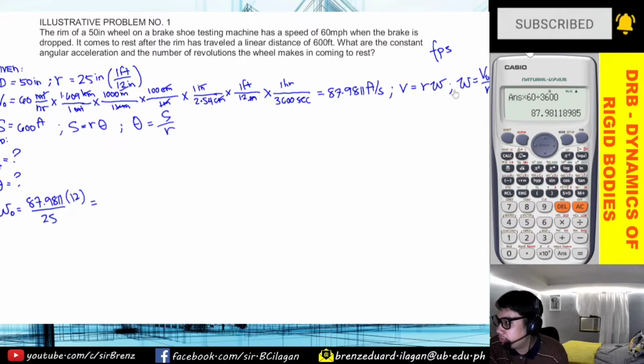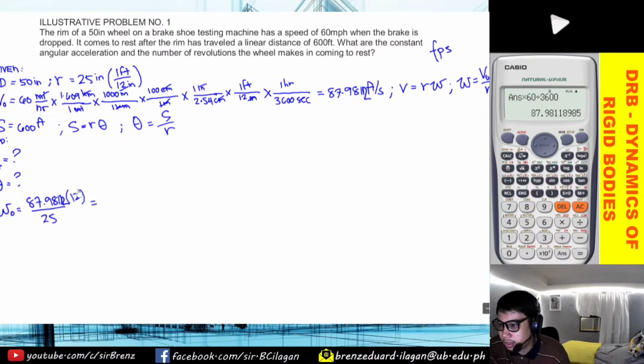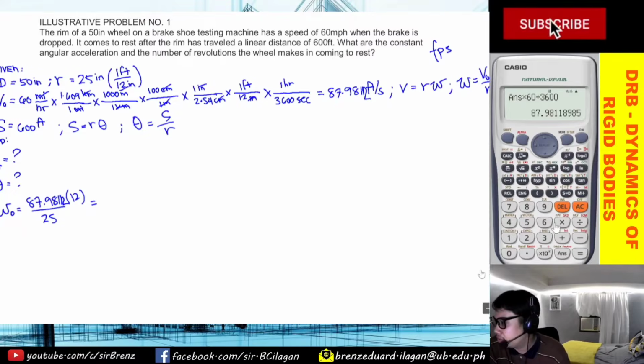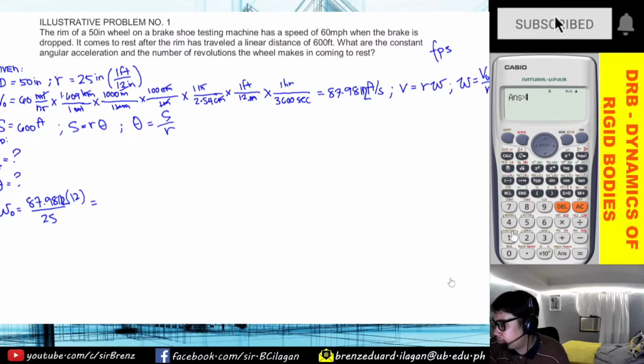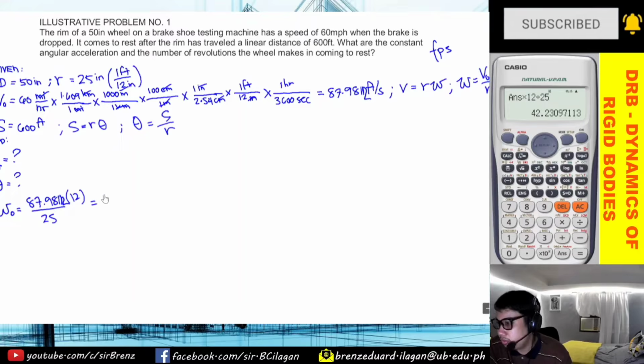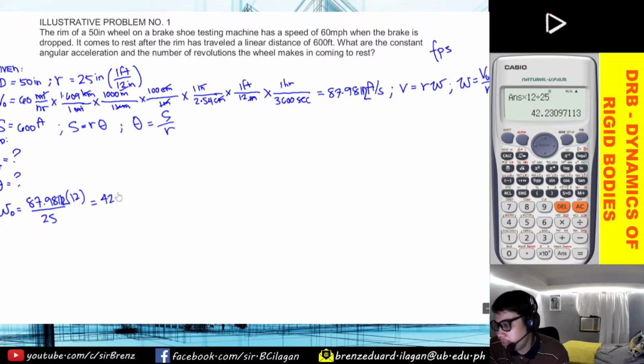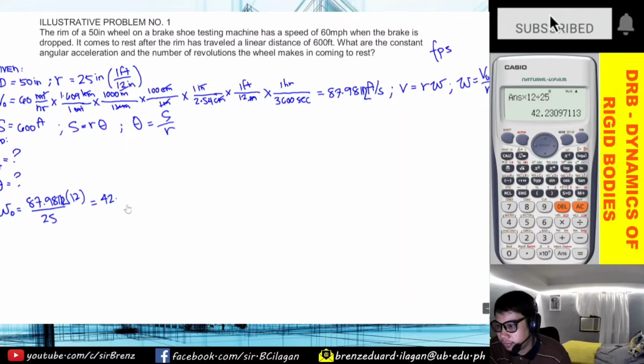Multiply mo lang ng 12 and then divided by 25. So, that is 42.231. So, this is in radian per second.